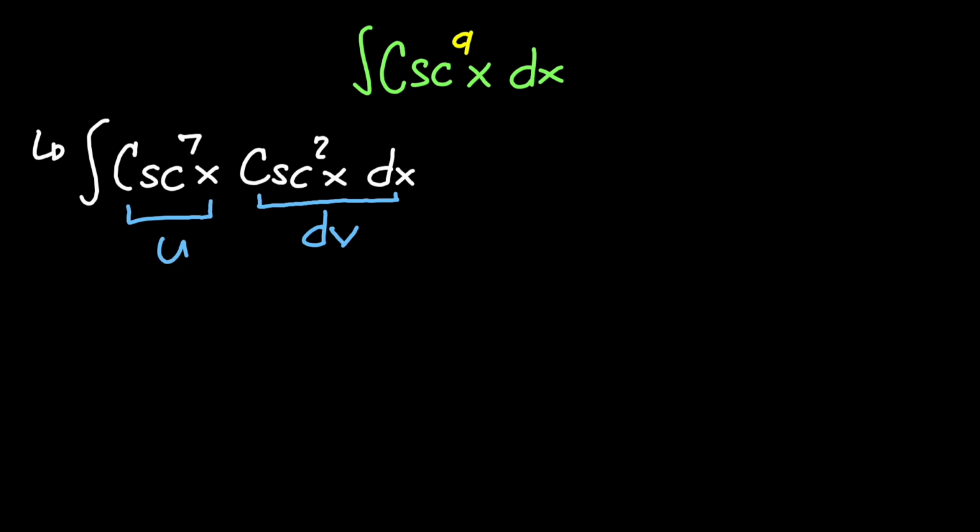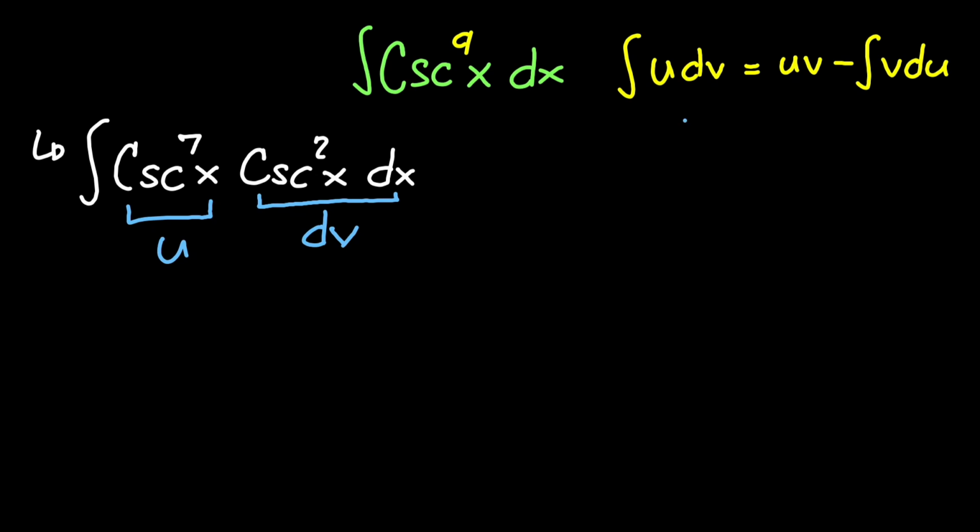And according to our formula for integration by parts, the integral of u multiplied by the derivative of v or dv would be equal to u multiplied by v minus the integral of v multiplied by the derivative of u. In our case, we already have u and dv in here, in which case what we need here would be the v and the derivative of u.